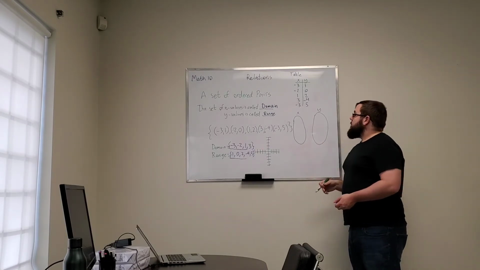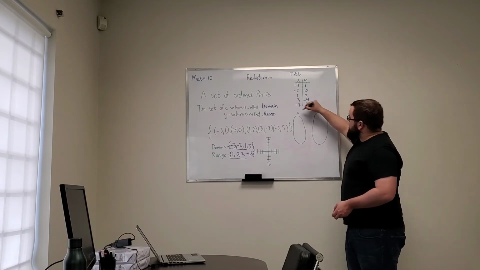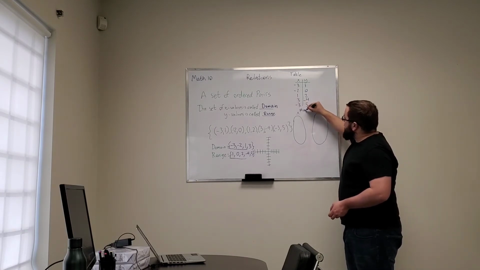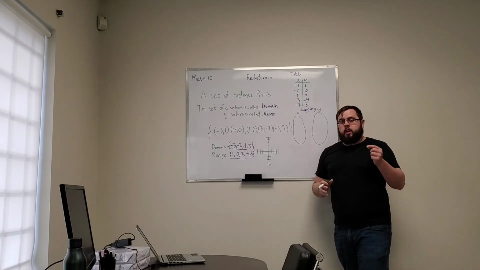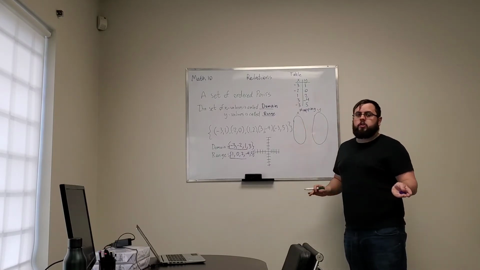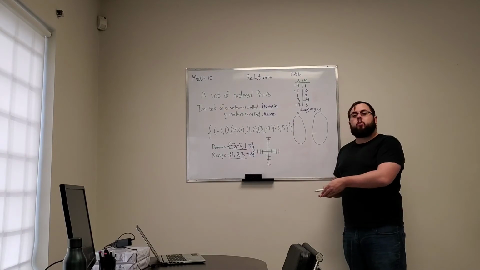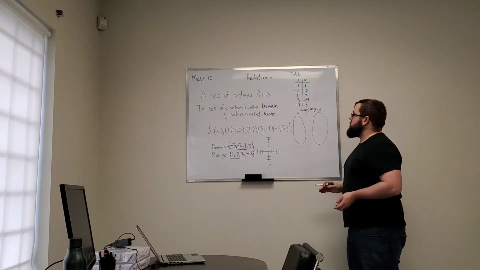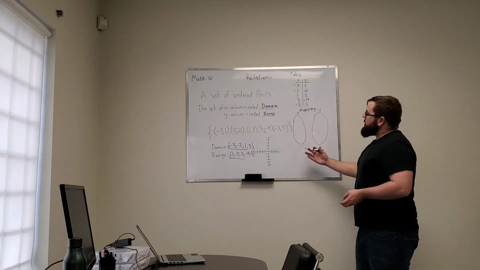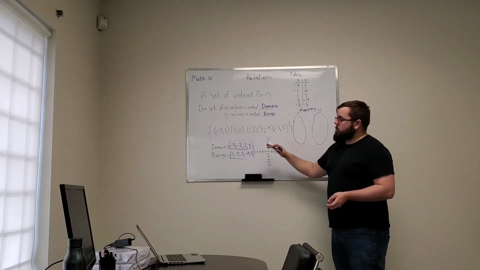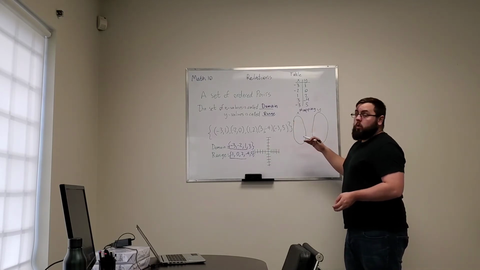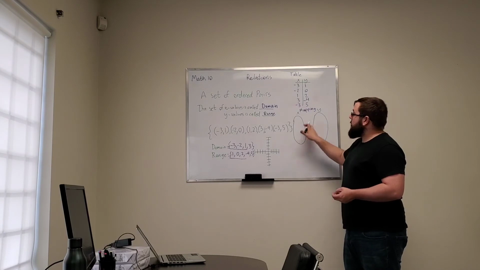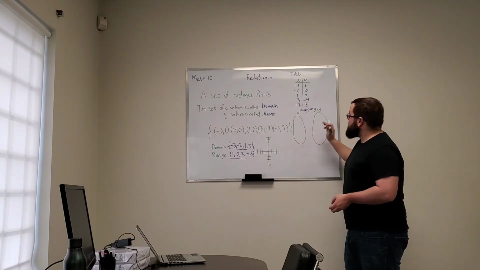Now, another way we can do it is through something called mapping. For each point in x, it is going to map to something in y, something that it relates to. So what we're going to do is write down all those x values, similar to the domain. We're not going to double write them down like we did in the table. We're only going to write it down once.